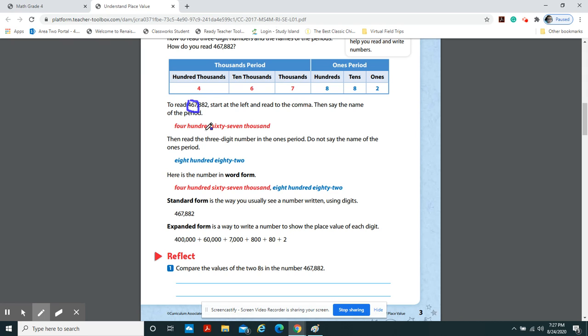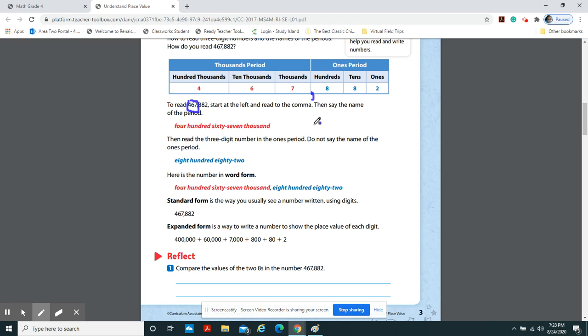So I know that I can only read 467 first. The comma represents thousands because there is only one comma in this number. The period to the right represents 882.